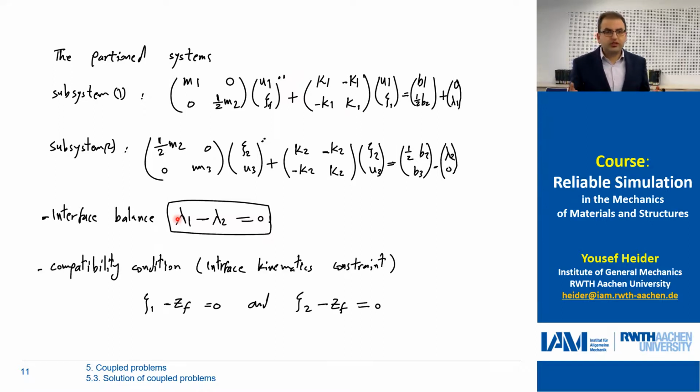And then we have the compatibility condition, which tells us the interface kinematics is consistent. So the displacement at the interface for the first subsystem and for the second subsystem is exactly the same. So if we say that psi1 is the displacement of the first subsystem, it equals the interface displacement, and the displacement of the second subsystem psi2 equals the displacement at the interface.